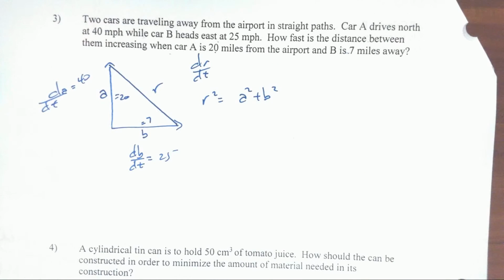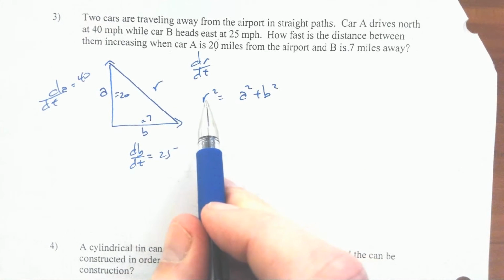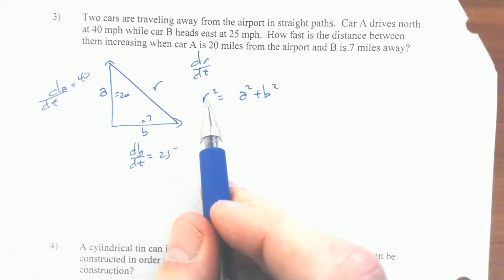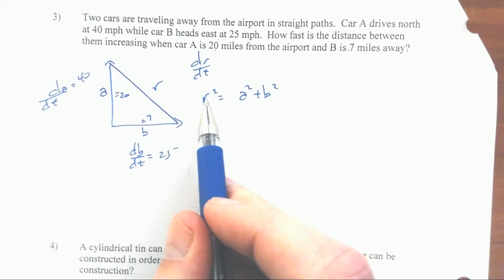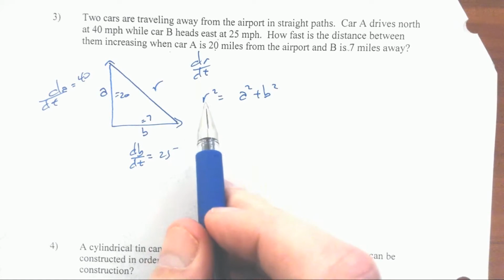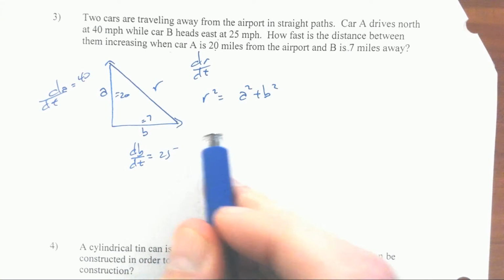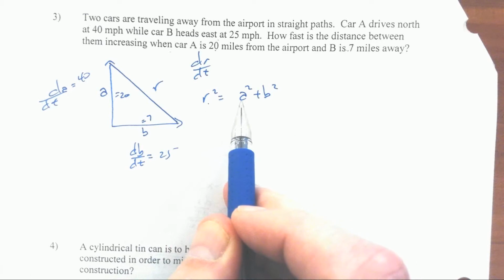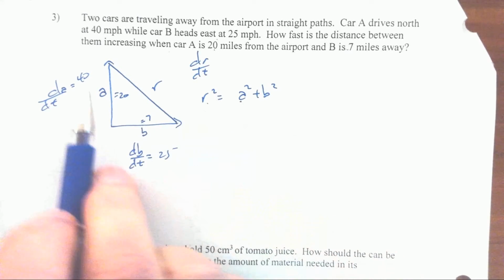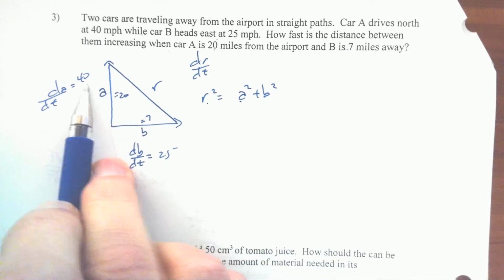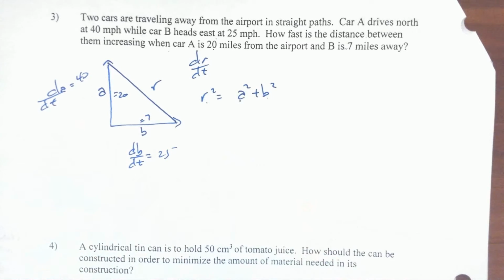So what happens if I take the derivative of this now? I'm going to get an R. If I take the derivative with respect to t, I'm going to get an R, and a dR/dt. Well, I want dR/dt. I'm going to get an A, and dA/dt. Well, I know those. I've got A and I've got dA/dt. I'm going to get a B, and I think it's worth taking the derivative.